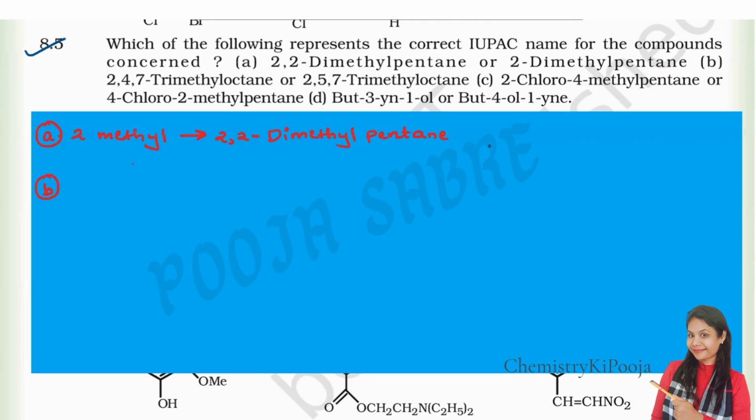The rule which we have studied is the locant or the substituent should get the lowest possible numbering. So from here, the lowest one is 247, right? So the correct answer is 2,4,7-trimethyloctane. And what could be the reason? Lowest numbering. Okay, it should be lowest numbering.